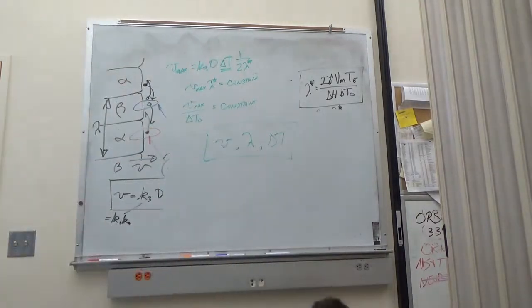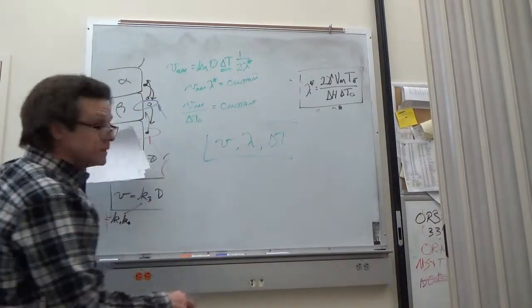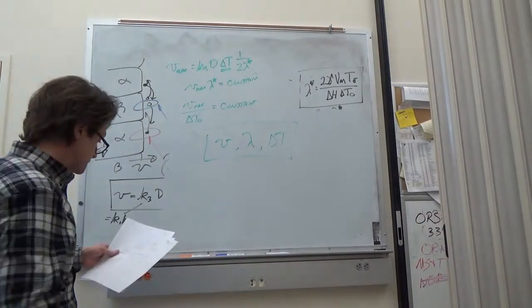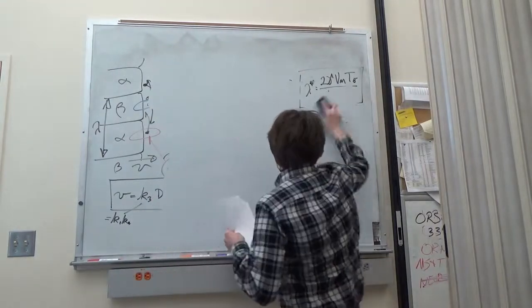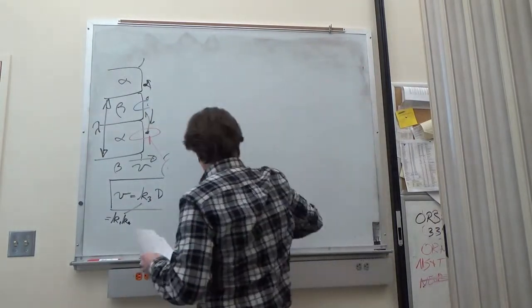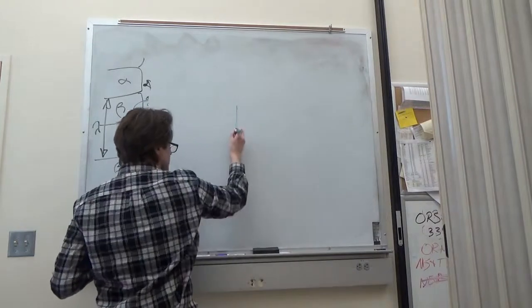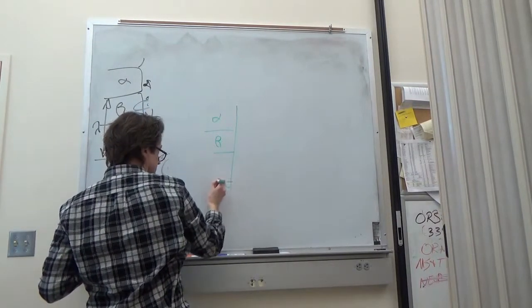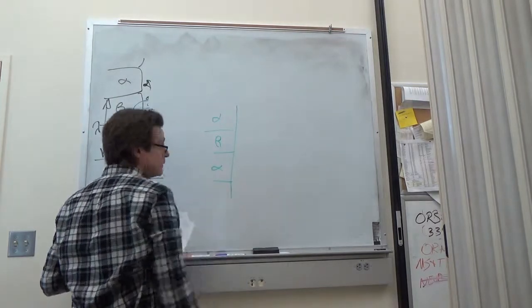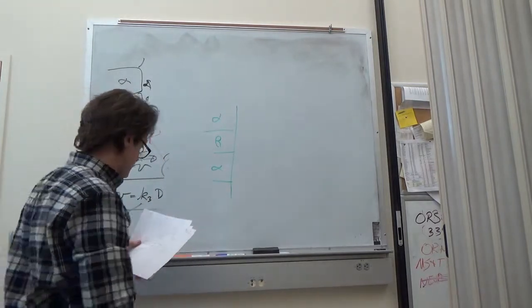Now, again, most of the time, planar growth is not what's observed, right? We don't get an advancing front that looks like alpha, beta, alpha, right? We get a cellular growth.